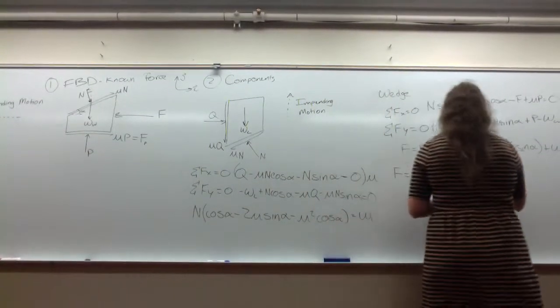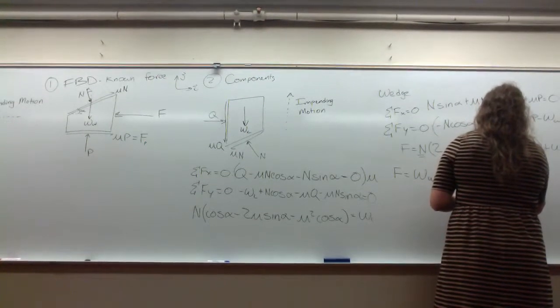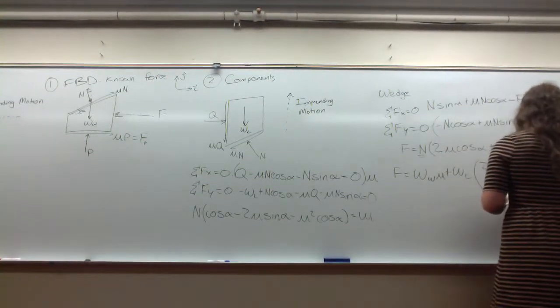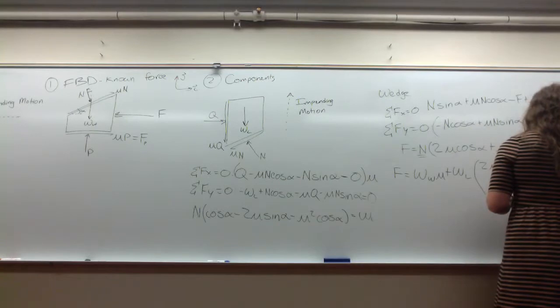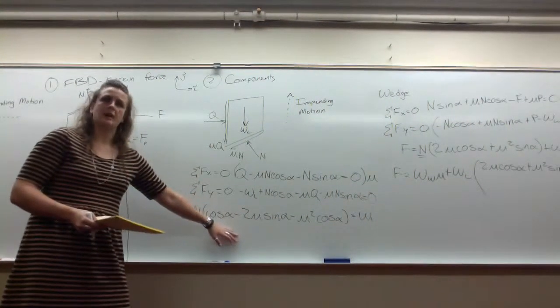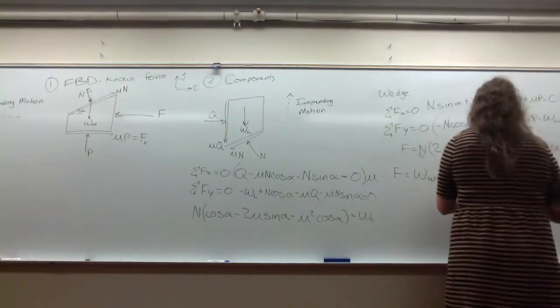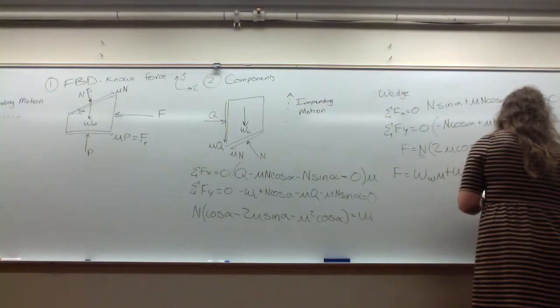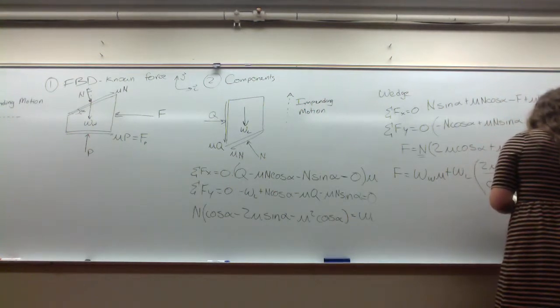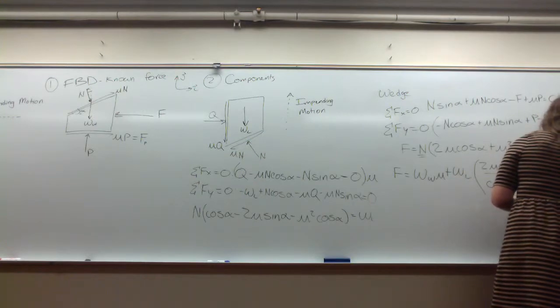So my numerator here is 2 mu cosine alpha plus mu squared sine alpha. And this became my denominator for n. So I have cosine alpha minus 2 mu sine alpha minus mu squared cosine alpha.